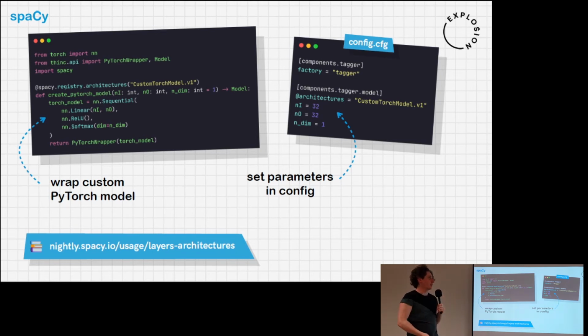And you can configure this with the configuration system because we've added this into the registry. So you could do this with any PyTorch model that you wanted to create. You can set whatever parameters or settings are required for that, create it inside the function, or even assemble it from multiple function invocations if you want to separate it out and build it up out of constituent pieces, and you're able to use this in spaCy to power any of your components.